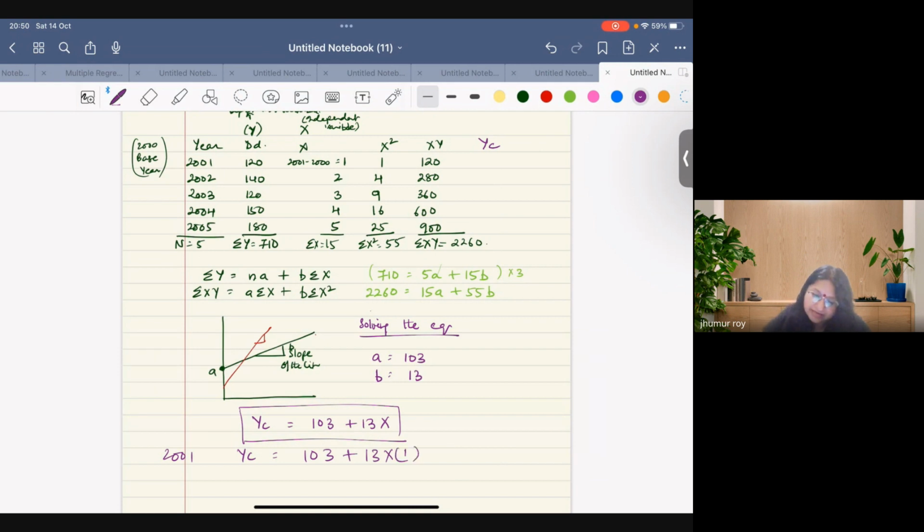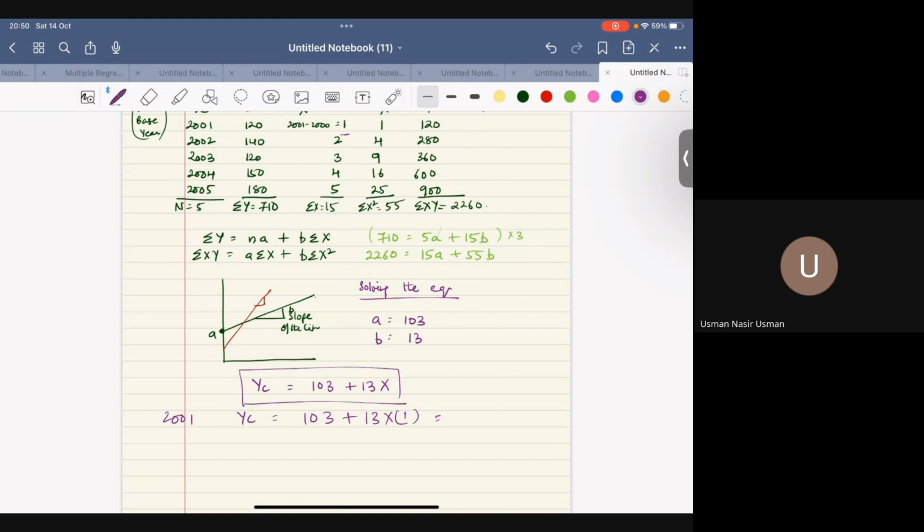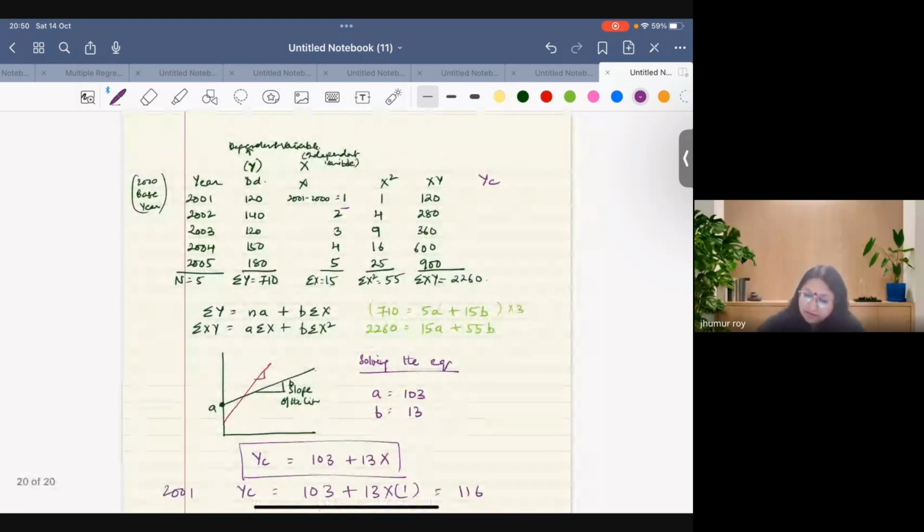The value of X is 1. So I've substituted the value of X. So what value will come out here? Please tell me. 103 plus 13. So it will come to 116. Okay. So here the first trend value will be 116.